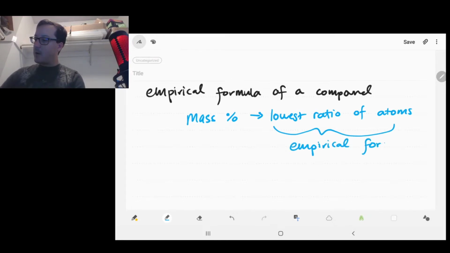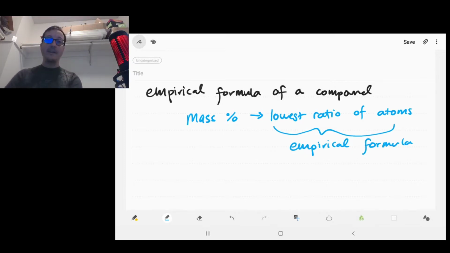Because way back when, scientists were discovering compounds and classifying compounds, this was the way to do it. So they would do combustion analysis. They would burn something, collect all the little bits that come out, and they would be able to find out by mass how much of each element there was.